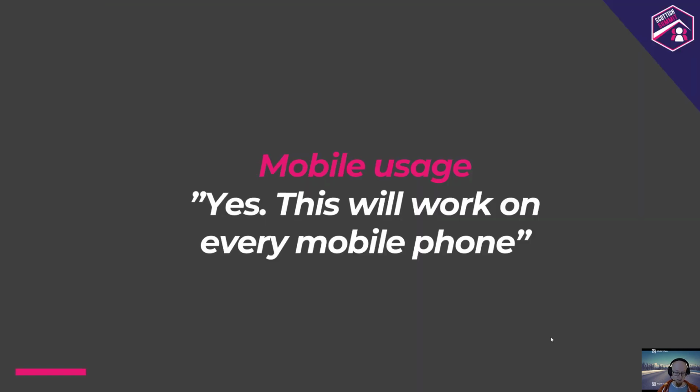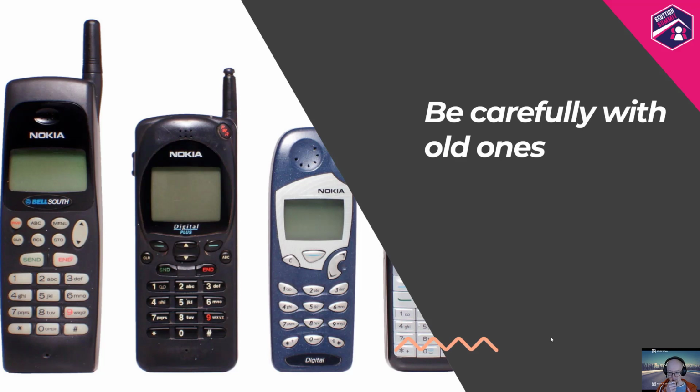Next one is mobile usage. And this is important if you are building Power Apps that are used on mobile phones. It's a super nice tool for building applications for mobiles. But in many organizations, the end users might have pretty old phones.